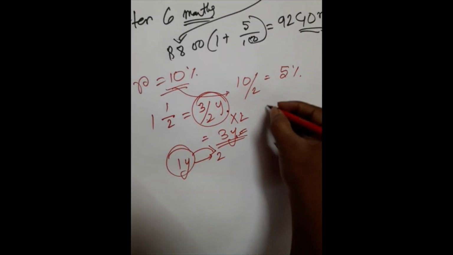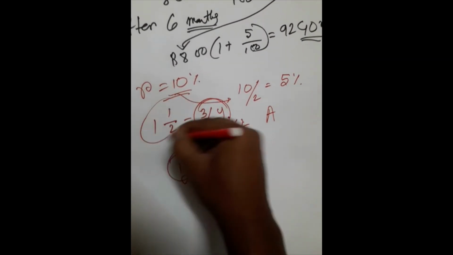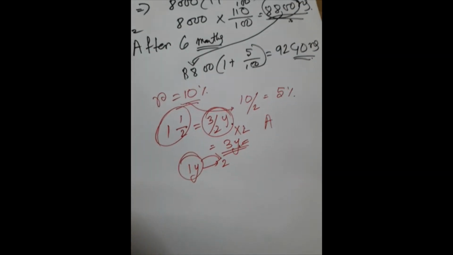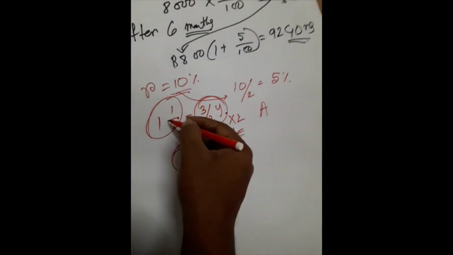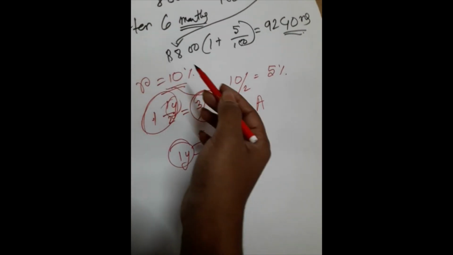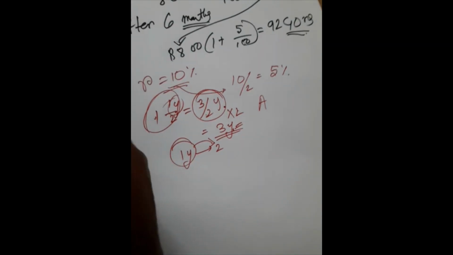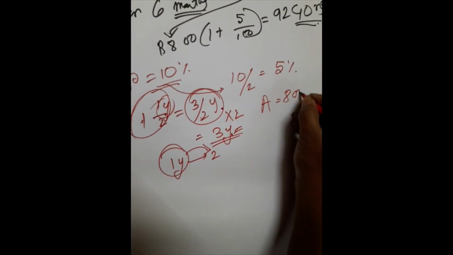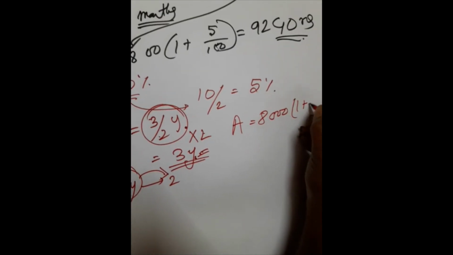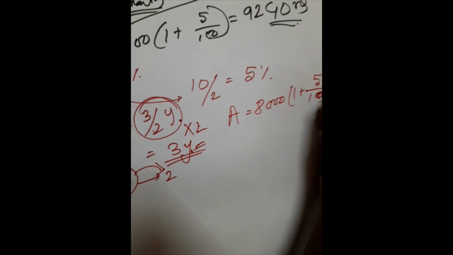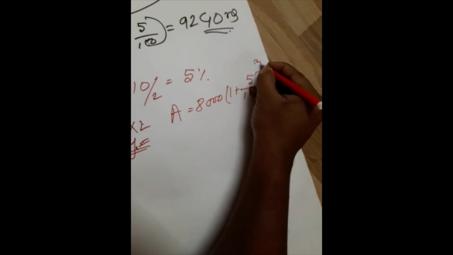So your amount after 1.5 years means here 3 times. Actually the time is 1.5 years, but when you are talking about half yearly, your time must be 3 years, your n must be 3. So amount equals 8,000 into (1 plus 5 by 100) to the power cube.